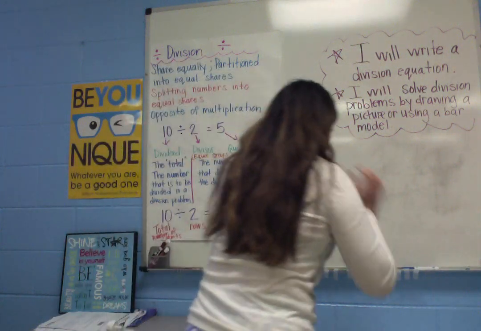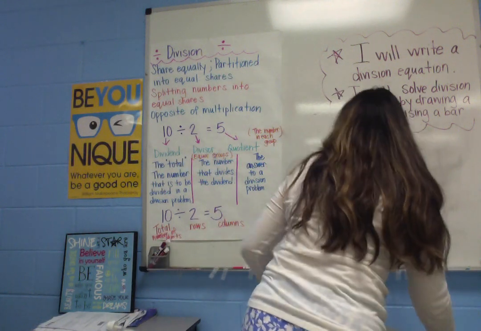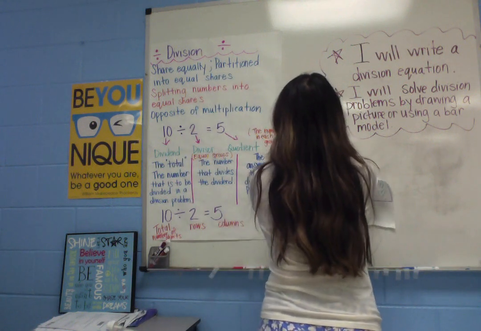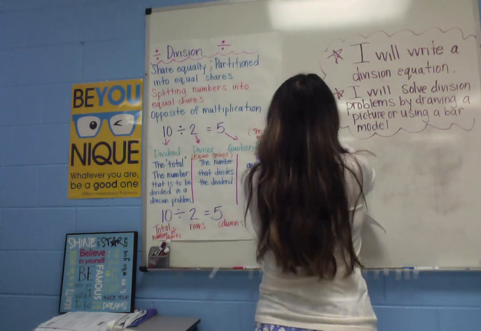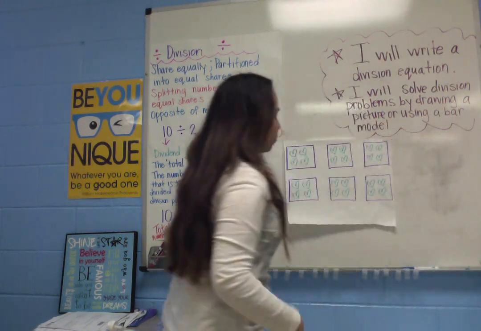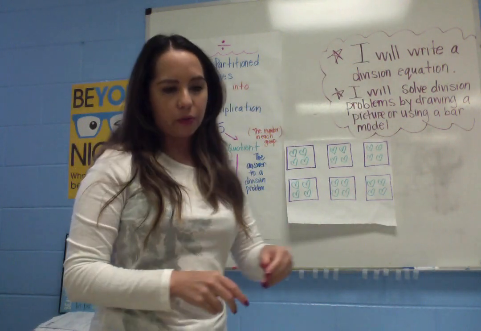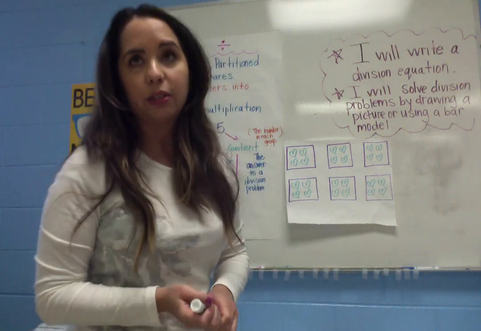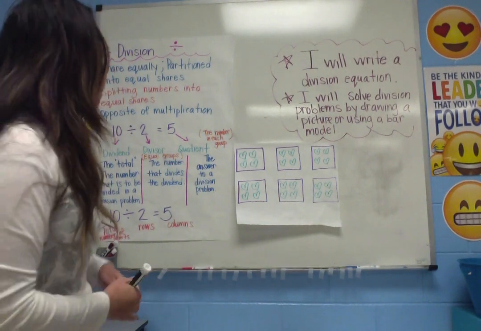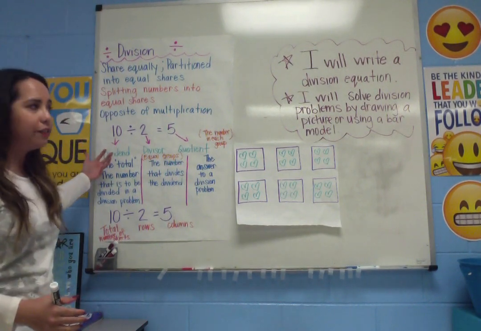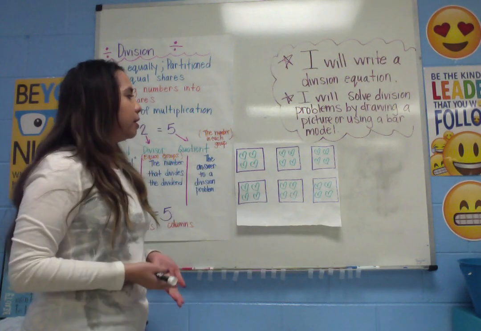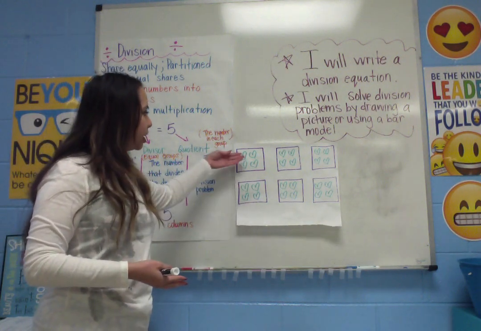So let's look, first of all, at equal groups. And again, our first objective says, I will write a division equation. So we're going to write a division equation that represents the equal groups in this picture. We know in division, the first number represents the total. This is the dividend. When I look at these equal groups, our objects are hearts.